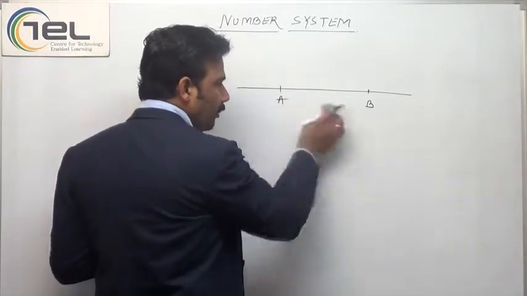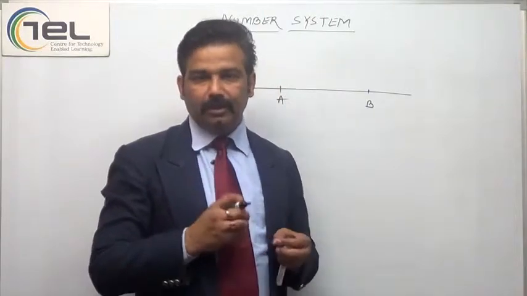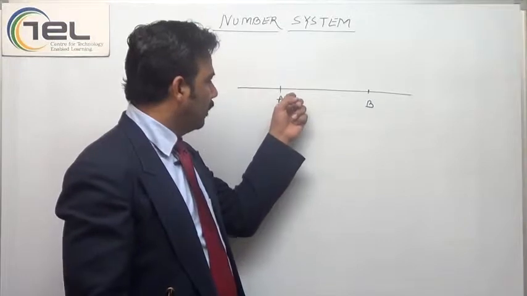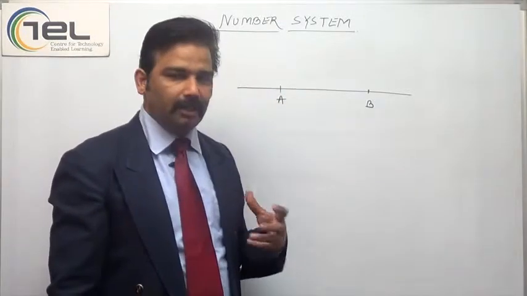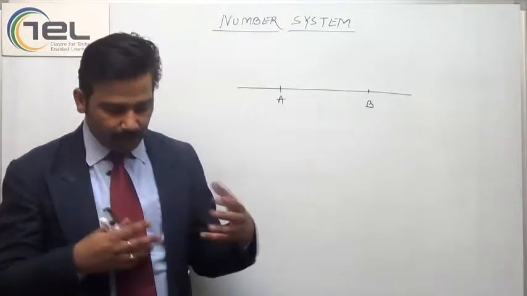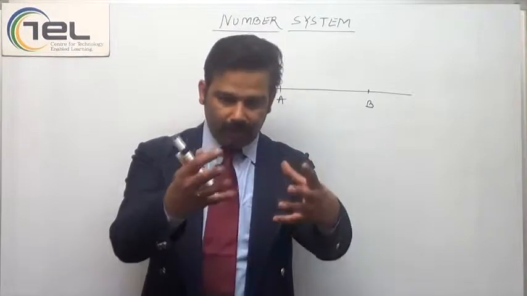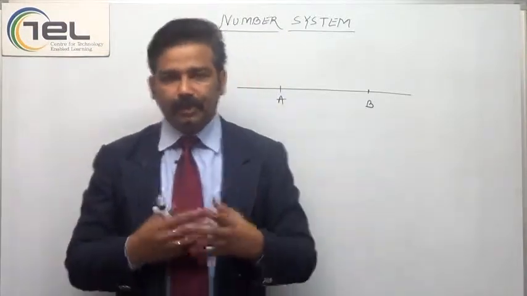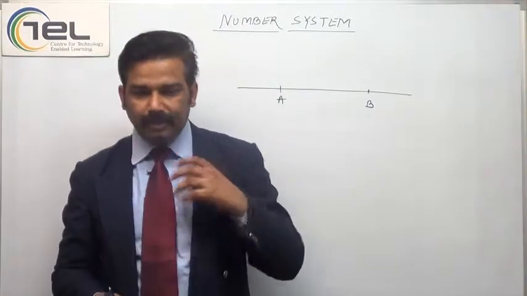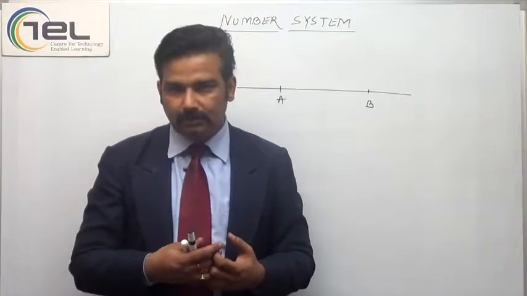So between A and B, on the concept of average, we normally calculate the rational number between any two rational numbers. For example, what is the average of my age and your age? Let's say your age is 15 years.